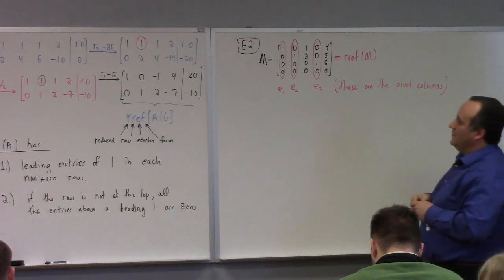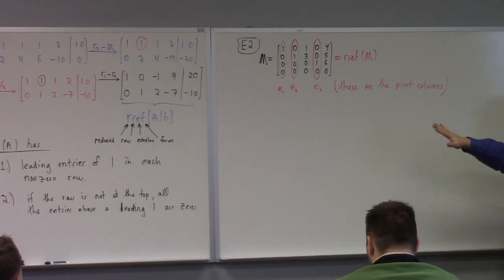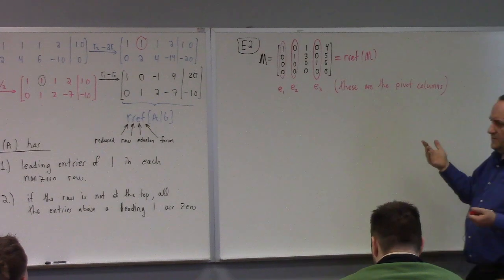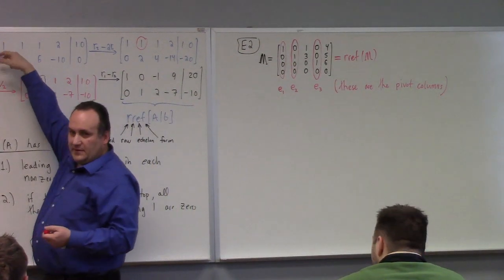Although that's kind of a perverse choice of terminology here because I didn't do anything. If you go back and look at my example 1, pivot columns were columns 1 and 2. The reason they're called pivot columns is you're sort of pivoting around the leading one to sweep everything out below it that's non-zero.